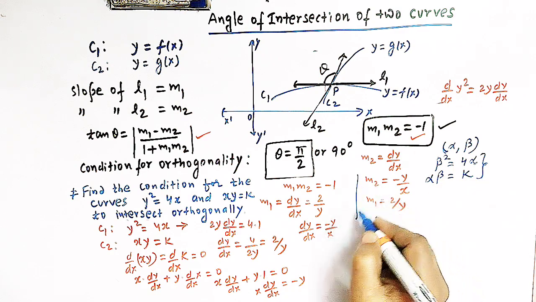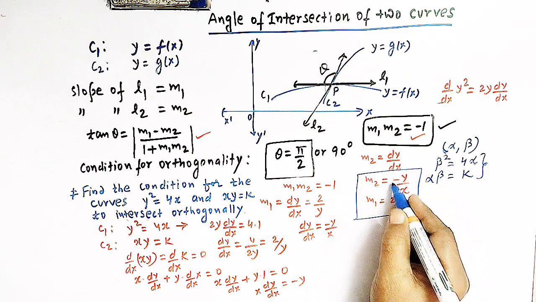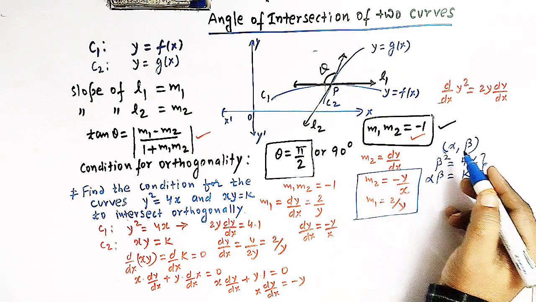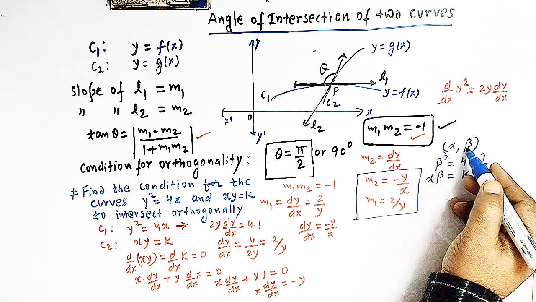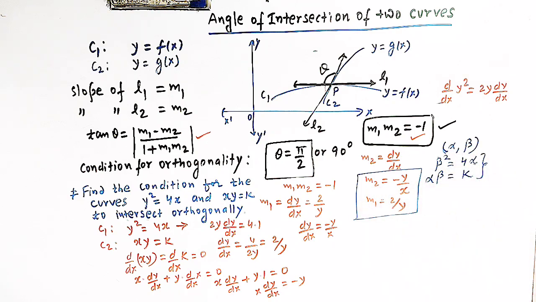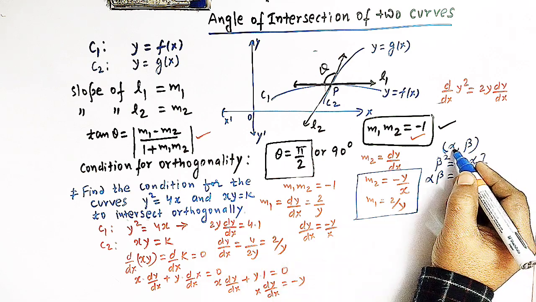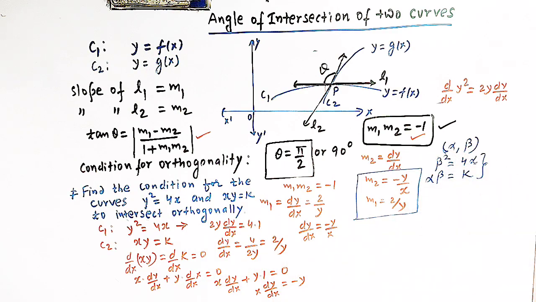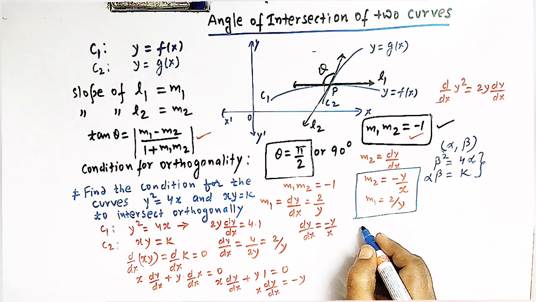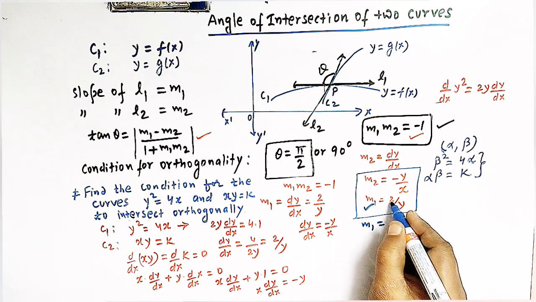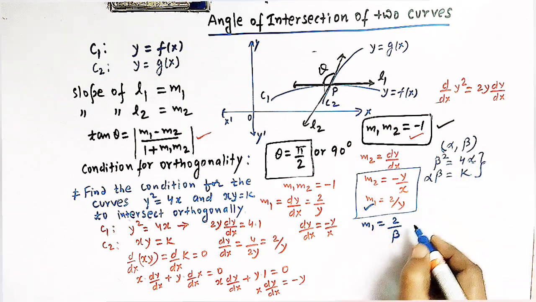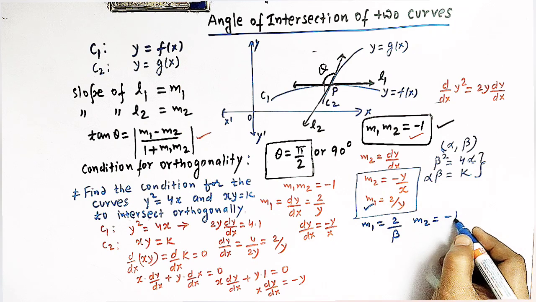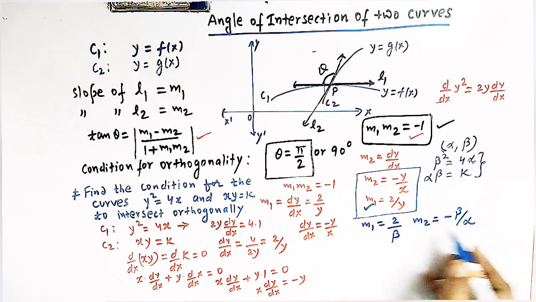So now the slopes are given by these two expressions. So let us substitute the values of x as alpha and y as beta in m1 and m2 to get the slopes at this point, which is the point of intersection of these two curves. So now m1 is given by 2 over beta, because y is beta, and m2 is given by minus beta over alpha, right?